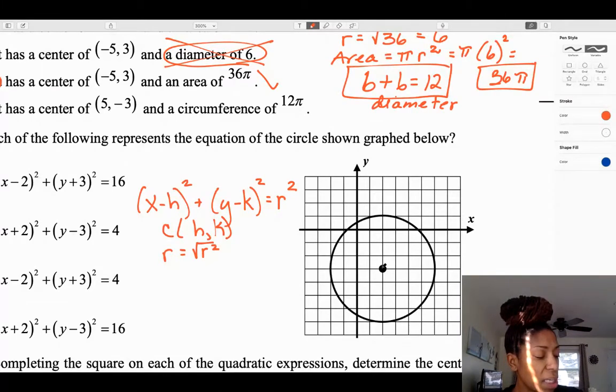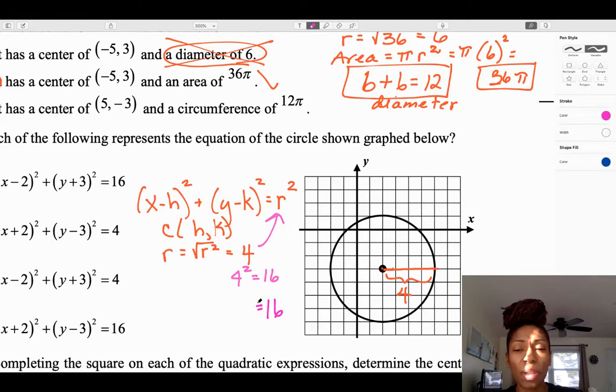So the radius, if I just count any distance from the center to the edge, 1, 2, 3, 4. This is 4 units, so r is 4. So that means my r squared is going to be 4 squared. 4 squared is 16.